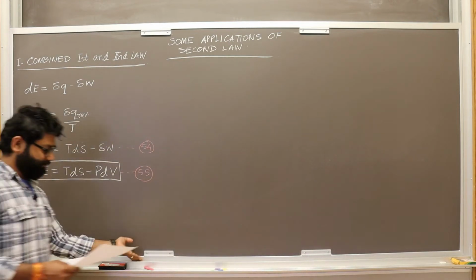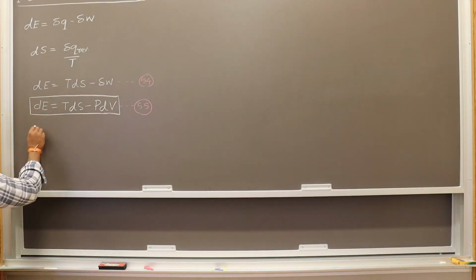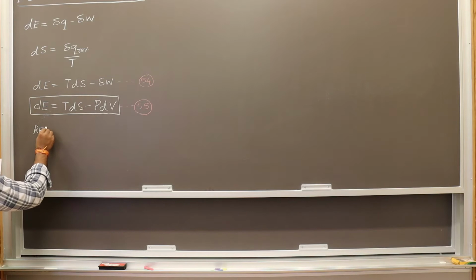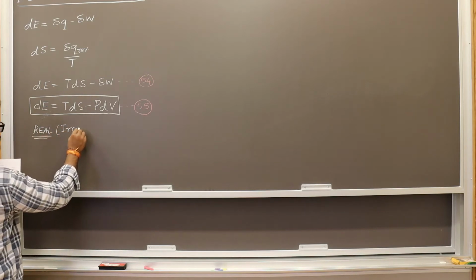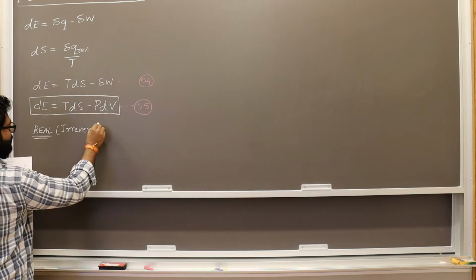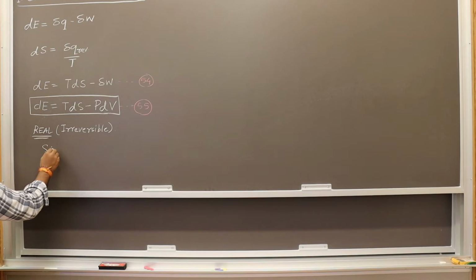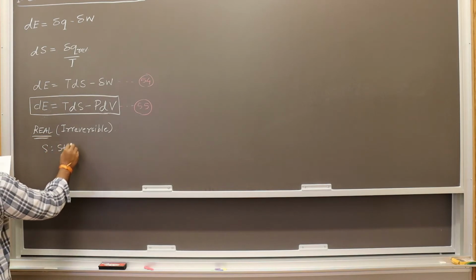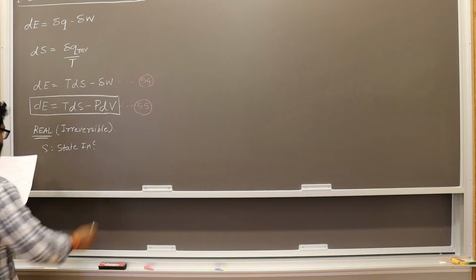How can you use it for real processes? Now, real processes are irreversible, right? They are irreversible processes. Now, S is a state function, and this is path independent.